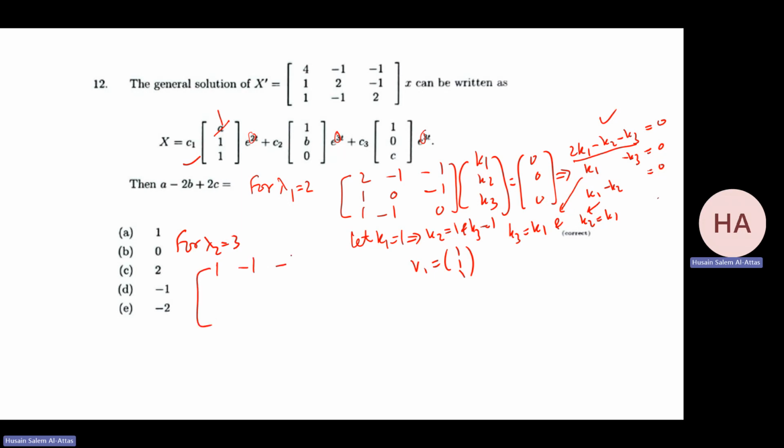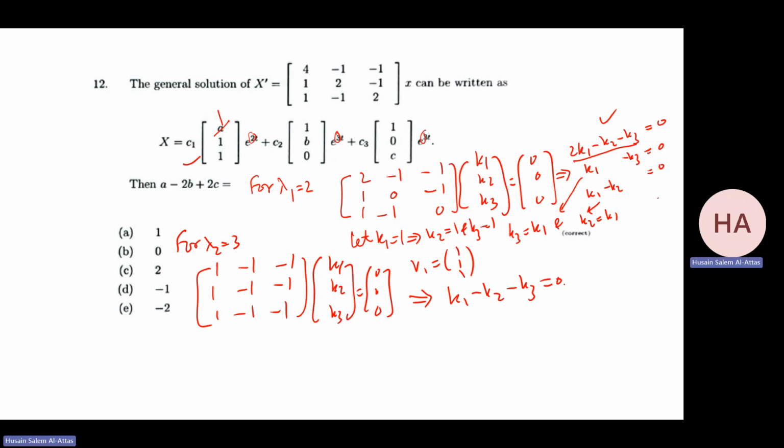I have 1 minus 1 minus 1, in every row, times K1, K2, K3 equals 0, 0, 0. So I have only one equation and two free variables, where K1 is K2 plus K3.